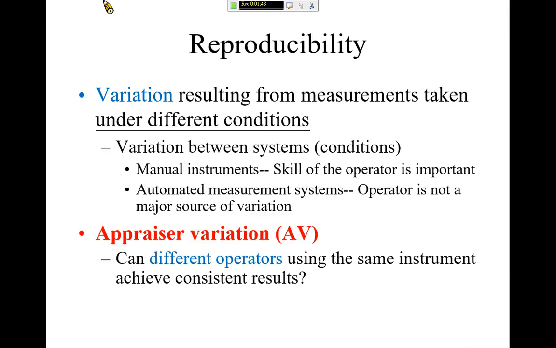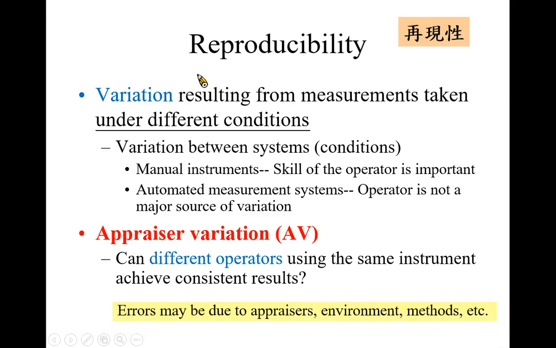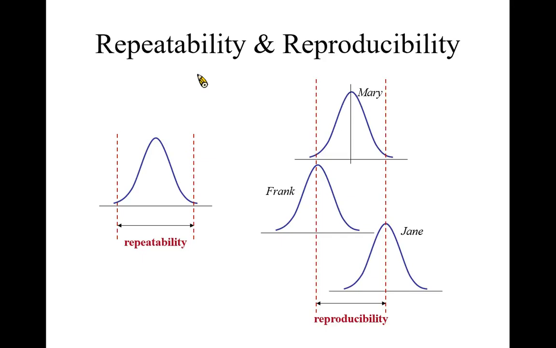Reproducibility means the variation comes from the people. Let's look at the relation between repeatability and reproducibility. Repeatability is the variation from the tools, and reproducibility is the variation from different operators, different appraisers.